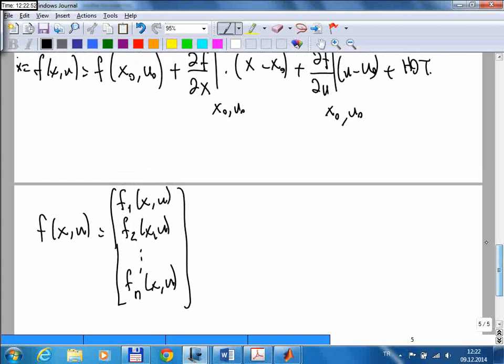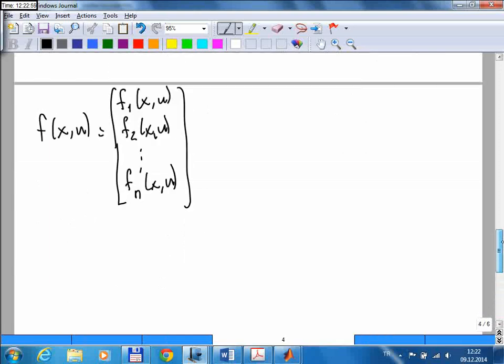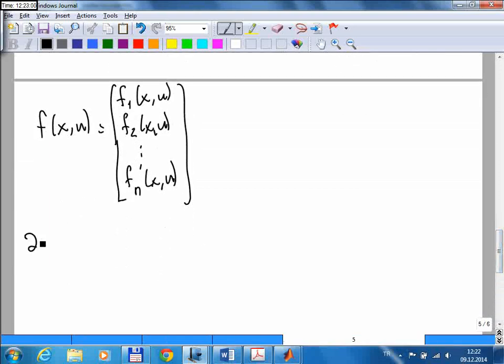So if you want to take the partial derivative of this function with respect to x, in the end you get a matrix, right? The partial derivative of f with respect to x is actually a matrix, and that matrix is the following. You differentiate the first function with respect to the first state variable, because x is itself a vector.